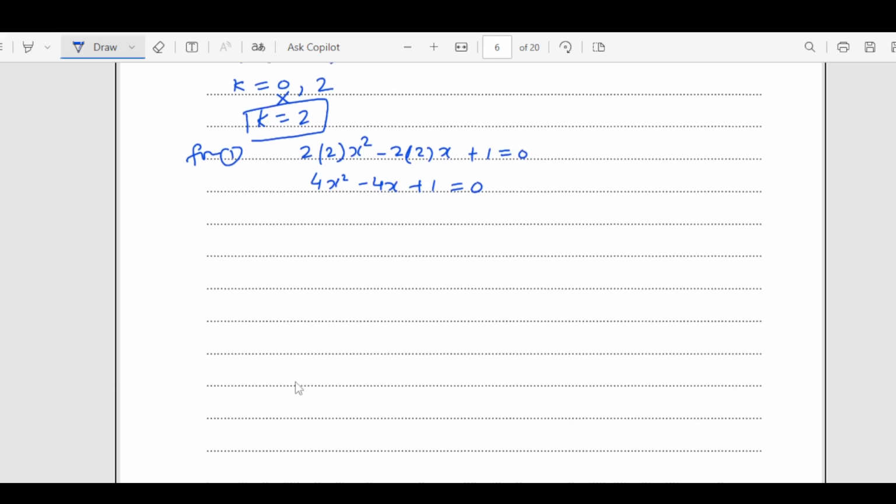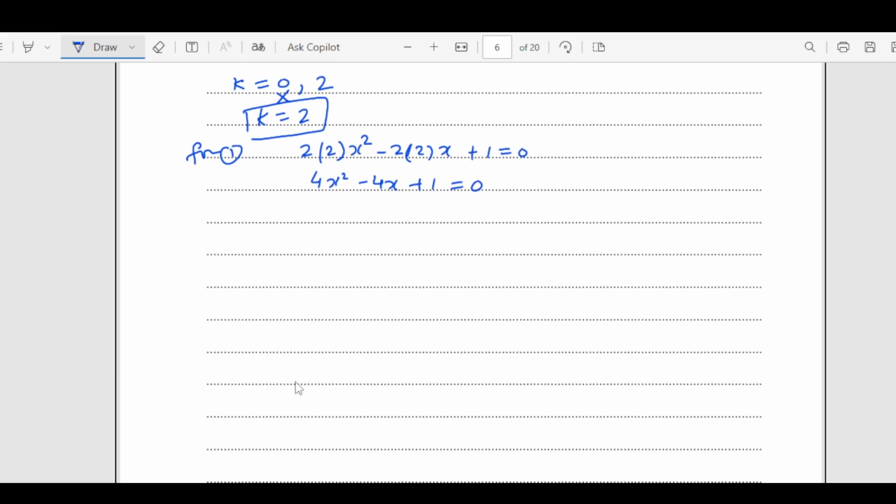Now we can factorize this to find the value of x. So this is 4x squared, the middle term is going to be negative 2x, negative 2x plus 1 equals 0, and then 2x is common, then we will have 2x again inside, minus 1, and minus 1 is common.